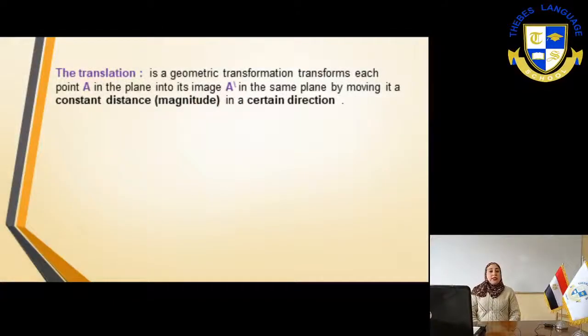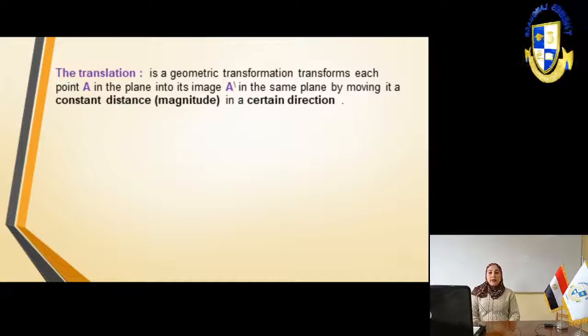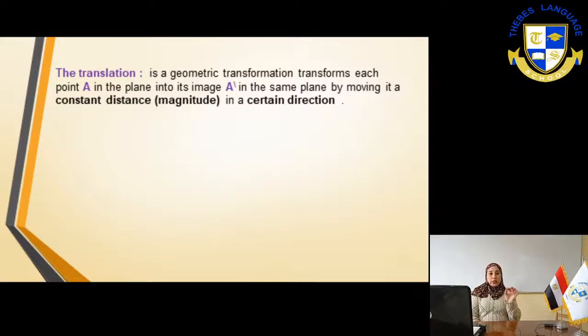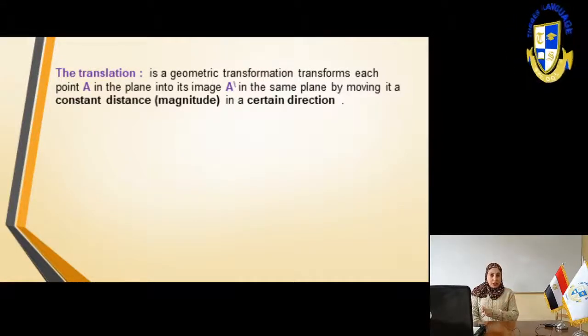Now, let's start translation. Translation is a geometric transformation that transforms each point A in the plane into the image A dash in the same plane by moving it a constant distance in a certain direction.